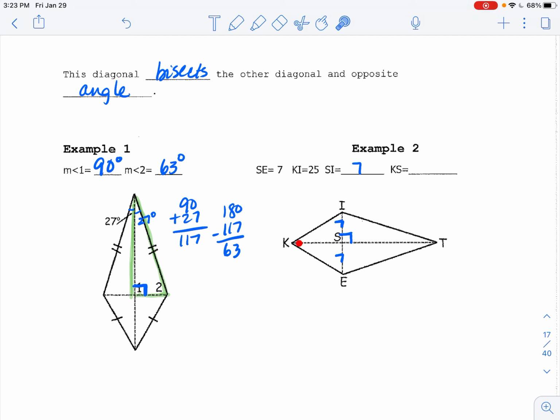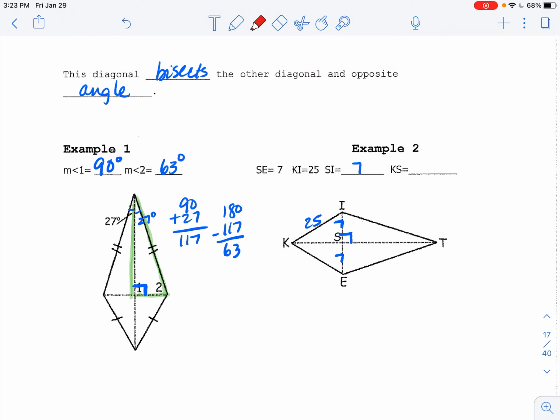Let's figure out what KS is. We also know that KI is 25. Wait, what? Yeah, KI is 25. Wow, this is not really drawn to scale, is it? Okay, so we want to find what KS is.